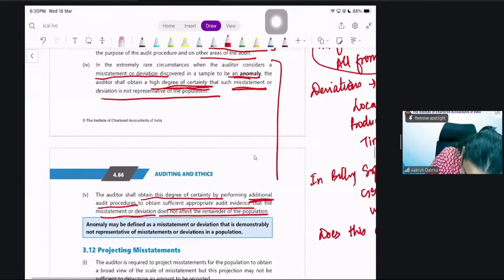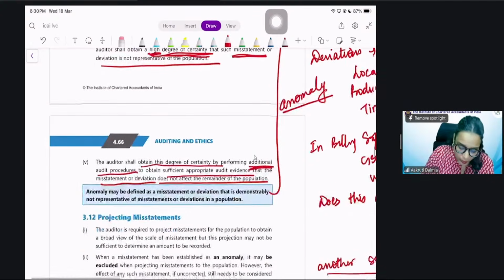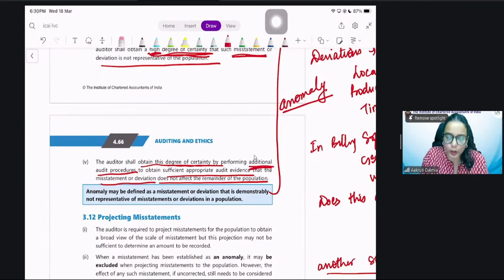So these 2 points are for anomaly. If you find any anomaly, you have to find a high degree of certainty that it is actually an anomaly, which means you have to investigate more. And to obtain this certainty, you have to perform additional audit procedures to ensure that this does not affect the whole population.